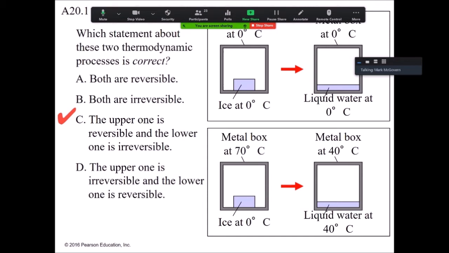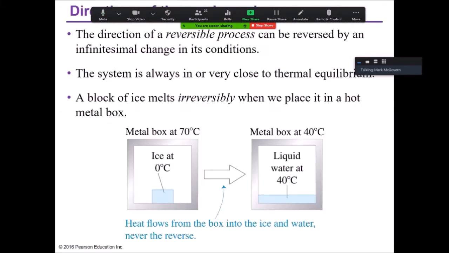So what you should equate in this is that things at the same temperature, meaning thermal equilibrium, can be reversible. Those processes can be reversible, but the other ones, physics does not allow them to be reversible, so we call them irreversible.